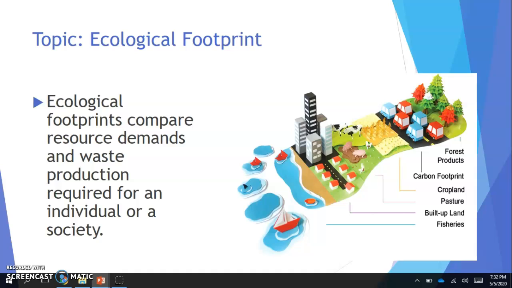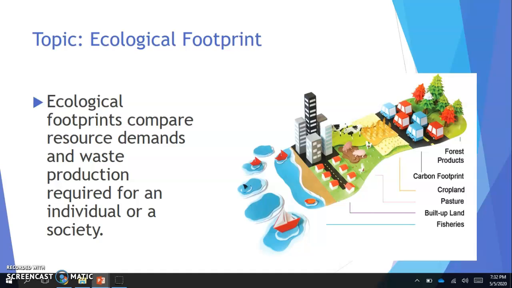So if we look at the breakdown of this picture, this is kind of everything that encompasses your footprint. So forest products, so like paper, lumber, carbon footprint. Do you drive a car? Do you ride your bike to work? Is it a Prius? Is it an SUV? Is it an old gas guzzler that you had to fill up 3 times a week?